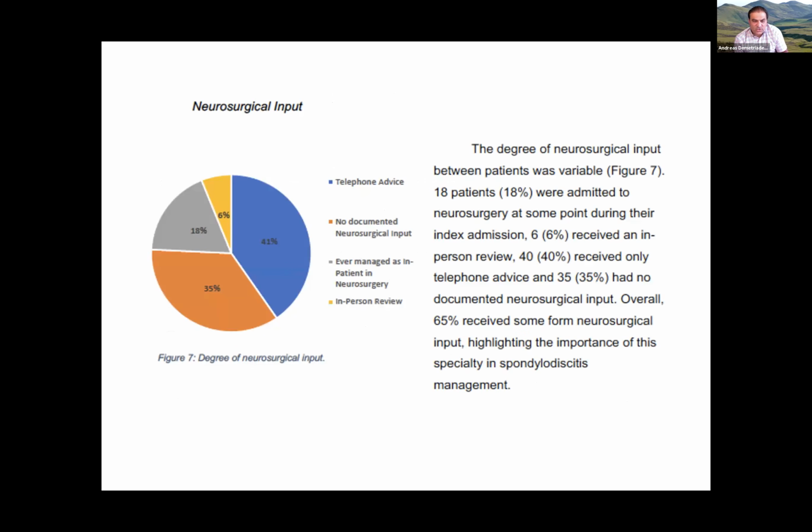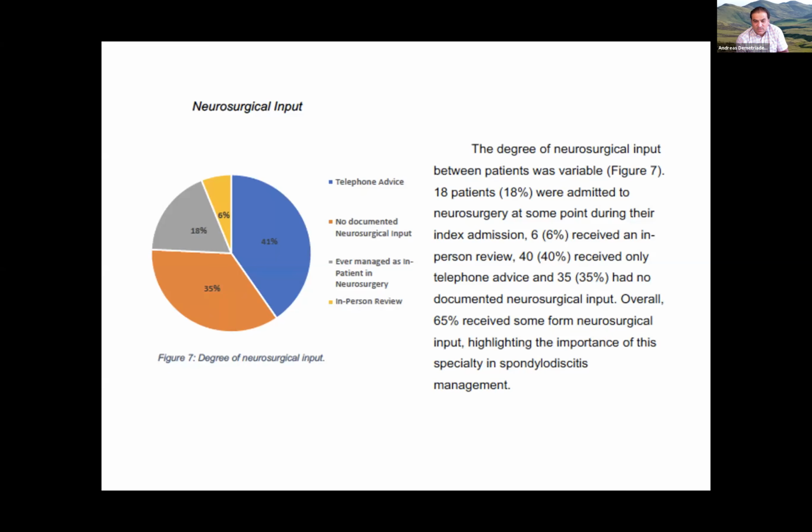What was the neurosurgical input? This was a question that I let my microbiology colleagues assess because it was less biased. They found that the neurosurgical input was variable.